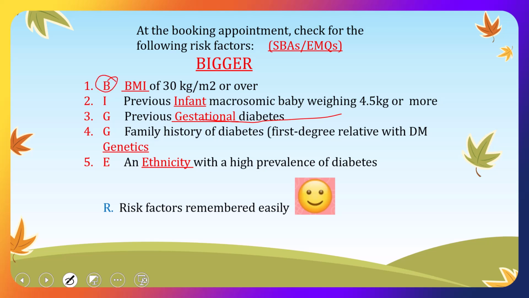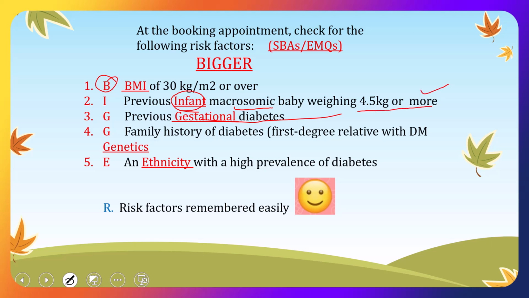B stands for body mass index. So, a BMI of 30 kg per meter square or more is one of the risk factors. Now, I stands for previous infant being macrosomic, weighing 4.5 kg or more.